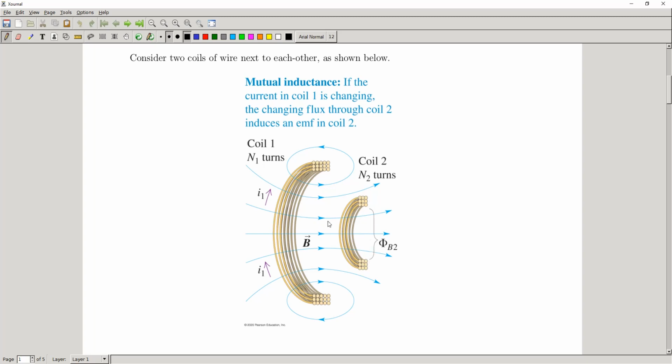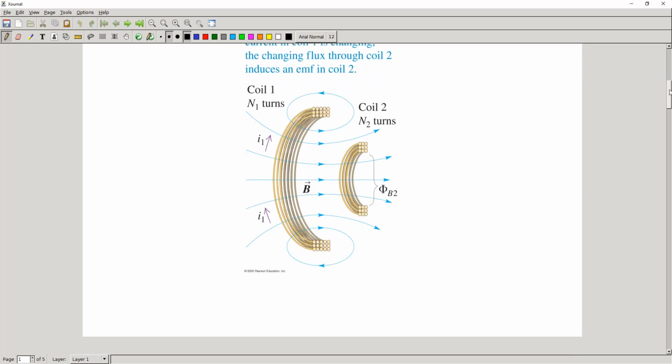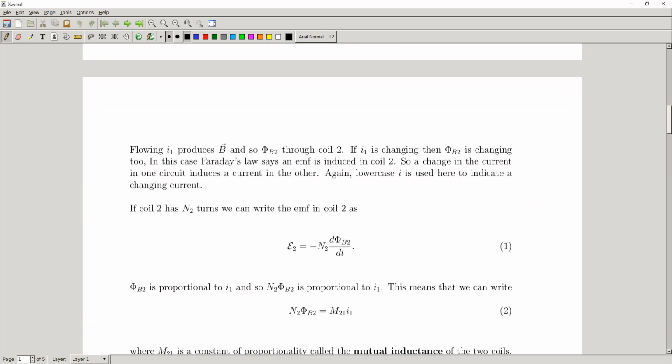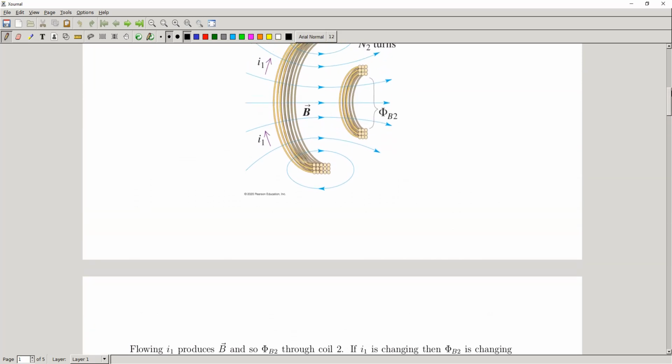And we can see that because we have these magnetic field lines going through coil 2, there is in fact going to be a magnetic flux through coil 2, right? And coil 1 will have N1 turns, and coil 2 will have N2 turns, okay? And so, maybe I'll scroll down to the rest of the discussion here. So we can see that we have i1 flowing through our first coil.